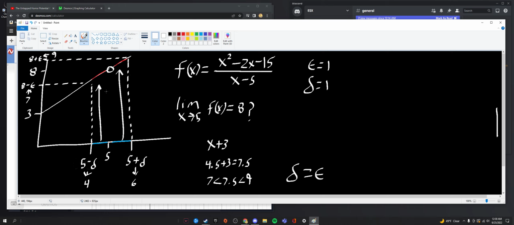Instead of 4.5, let's go 5.5. So again, we plug it into x plus 3. In this case, we would have 5.5 plus 3, which is equal to 8.5. And 8.5 is definitely between those values. 7 is less than 8.5, which is also less than 9. So it seems to check out in both cases.